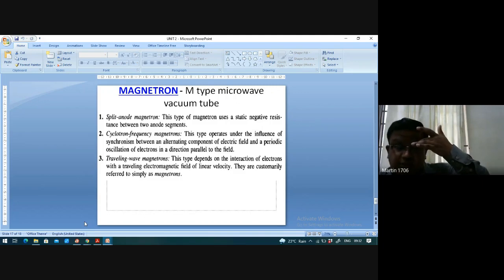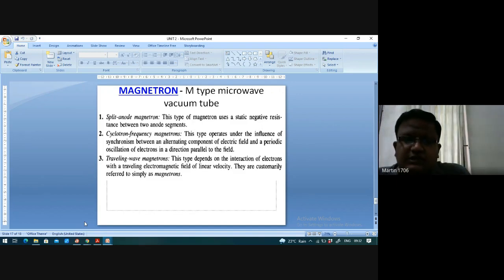In this split anode structure, the two anodes will be there, and that has the static negative resistance. Usually in this type of microwave device, most devices satisfy the negative resistance property, and the split anode magnetron is one of them.